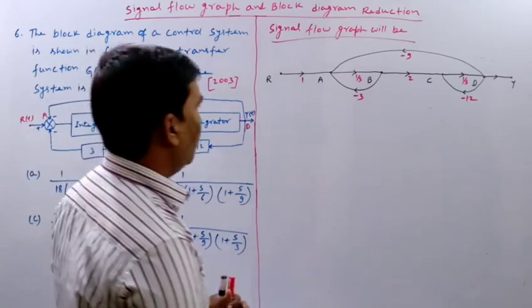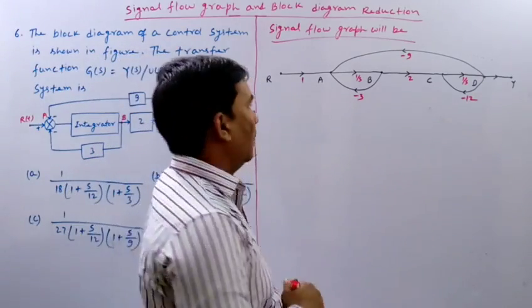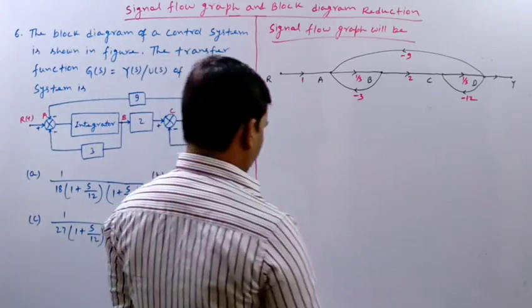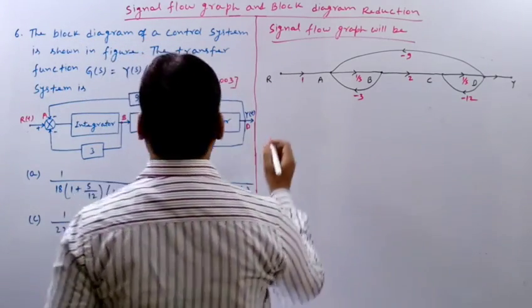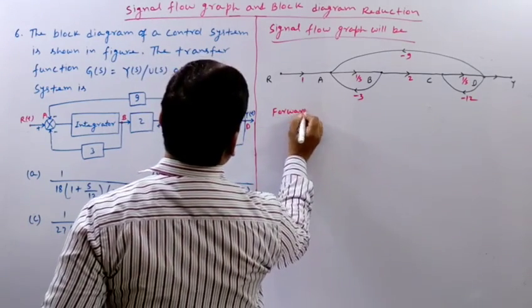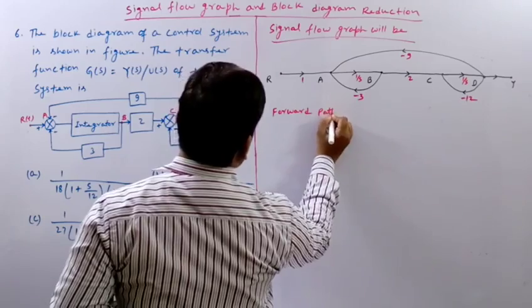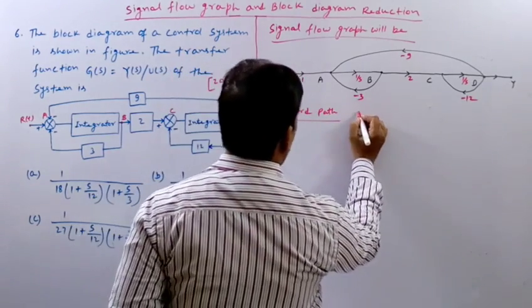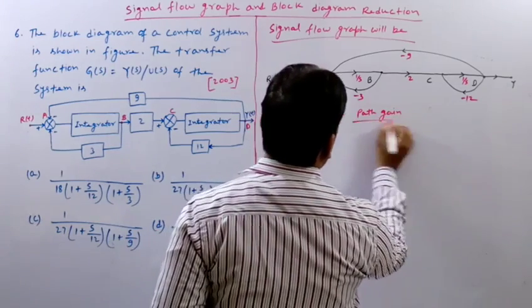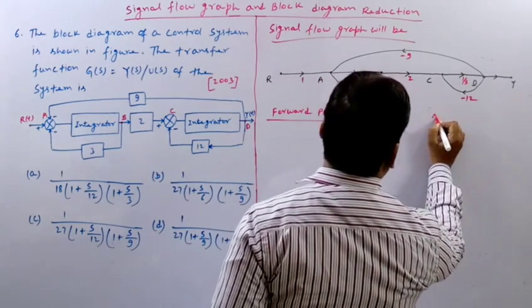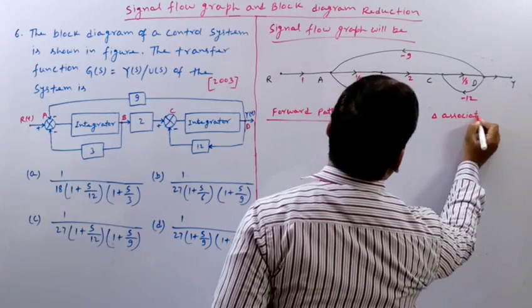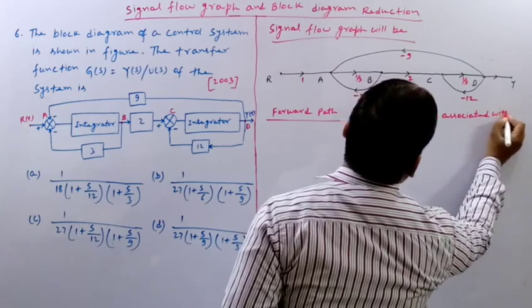Now we have to find out the total number of forward paths and total number of loops. So let me write here forward path, here path gain, and here delta associated with path.